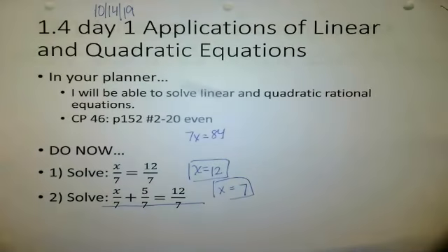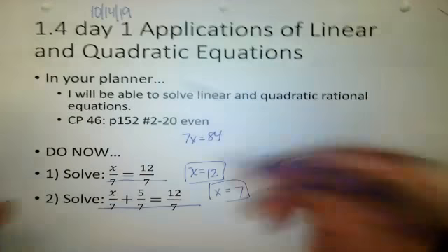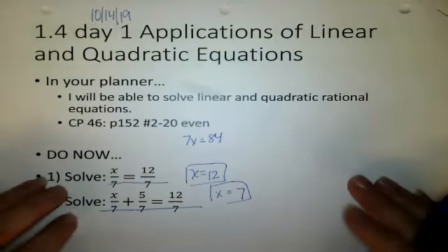And today, the rule is, if the denominators all match, then I don't have to think about them anymore because they're already equal. So there's no need to cross multiply. There's no need to multiply by the LCD. If the denominators match, I don't have to worry about them.